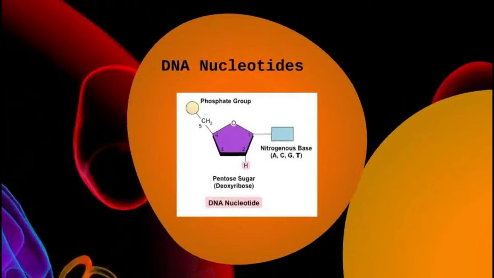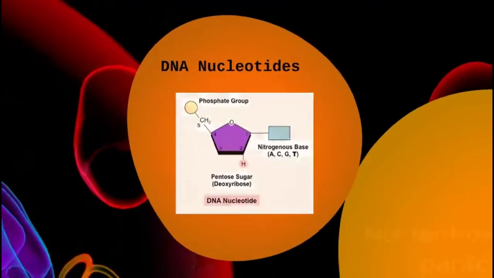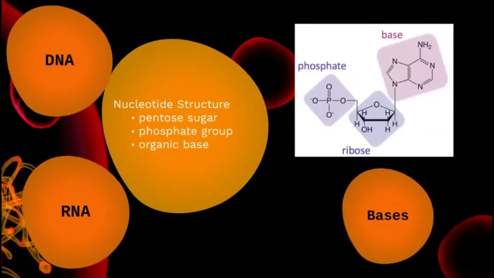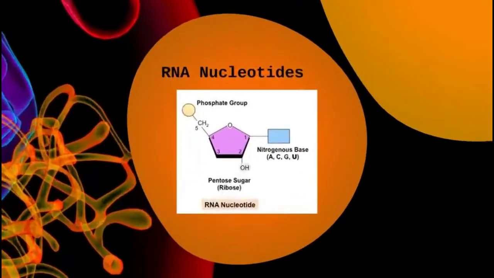And then the nitrogenous base, we have 4 different types of bases. So we have adenine, guanine, cytosine, and thymine. And the difference between RNA and DNA is that DNA has thymine, but if we move to the RNA structure, RNA has adenine, guanine, cytosine, and uracil.